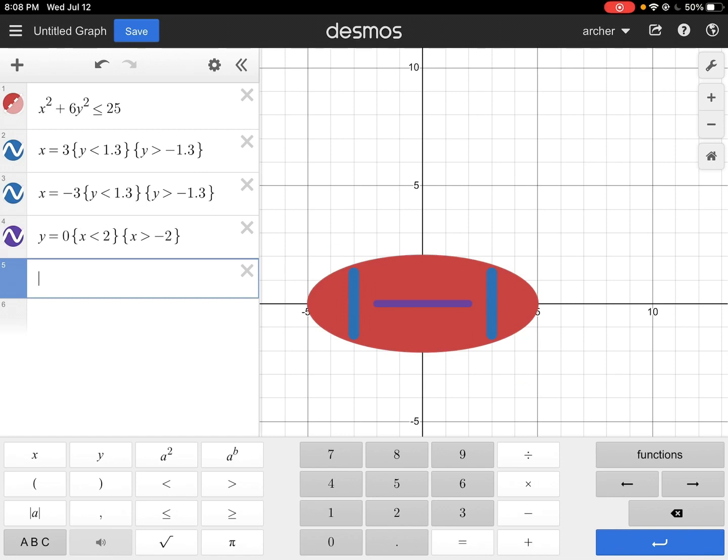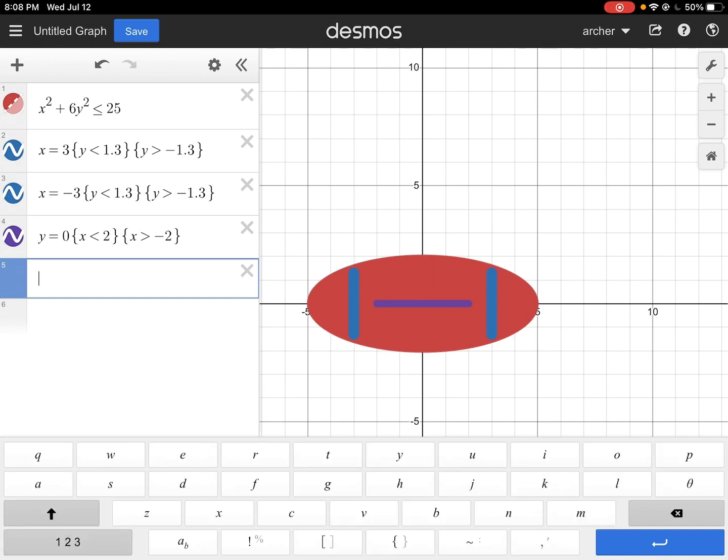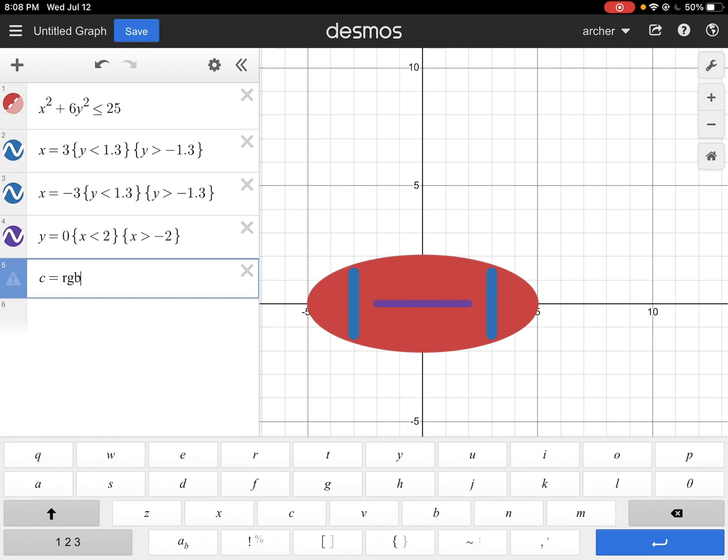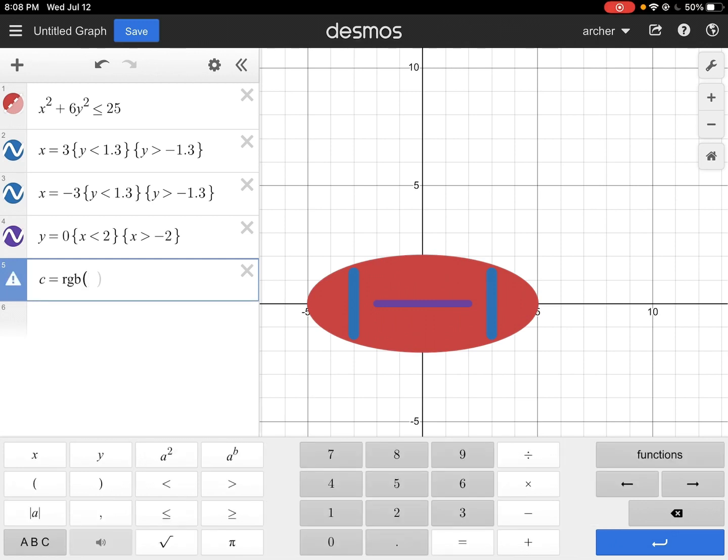Hold on, let me check real fast. I'm looking at my notes, by the way. I have notes because I can't memorize. I make all these equations up on my phone. I play around with the graph calculator on my phone, right? So we're going to do C equals RGB, and then just follow what I do.